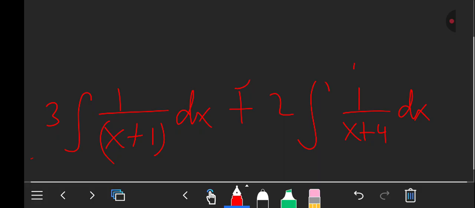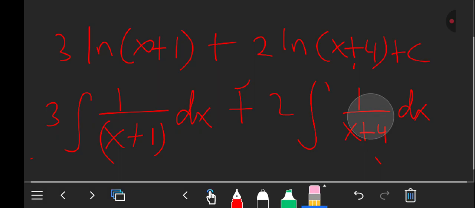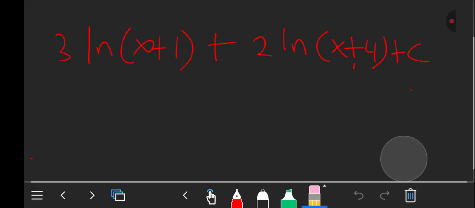What I'm going to have will be equal to 3 ln x plus 1, plus 2 ln x plus 4. Then I'll put plus c because this is not a definite integral. So this is the answer.